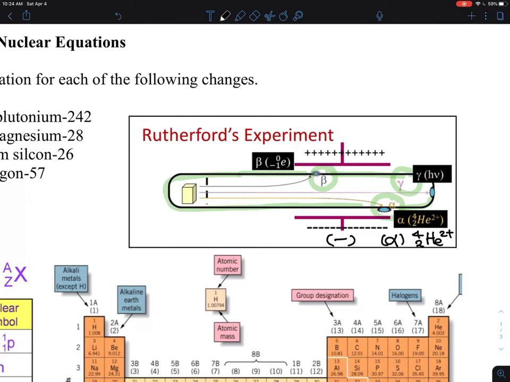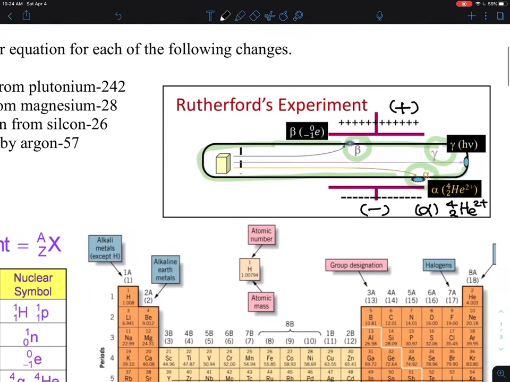There is also something that is attracted to the positive one. At that time, the concept of an electron was not so popular, so he called it a beta ray, and the beta ray is later called an electron. So the electron has a charge of -1.